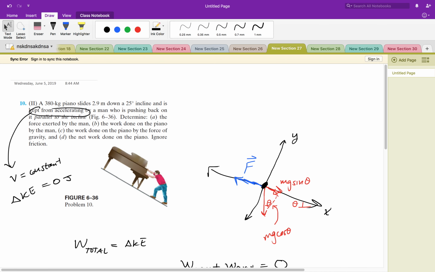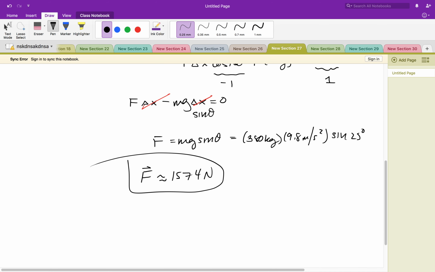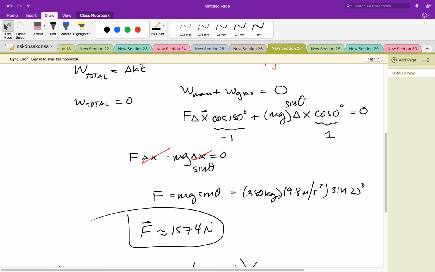The work done on the piano by the man. Now that we have the force, we can just do this. So for part B, we can just say that the work done by the man is F delta x. So that's going to be 1,574 newtons times delta x, which is 2.9 meters.